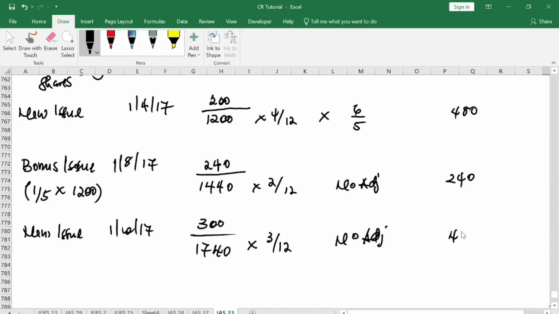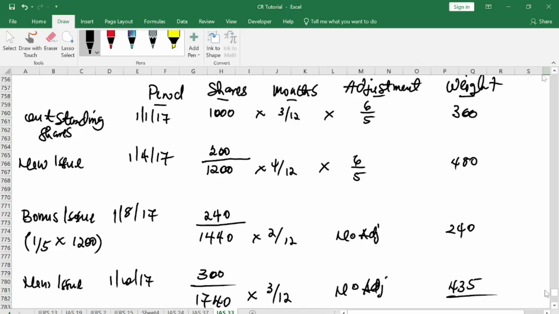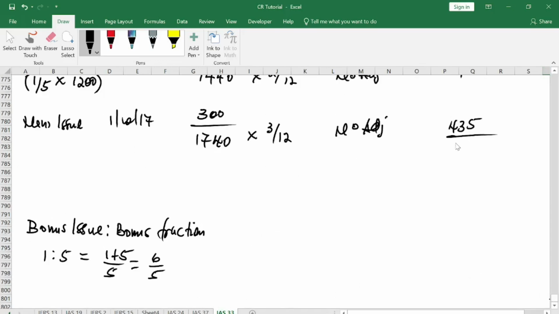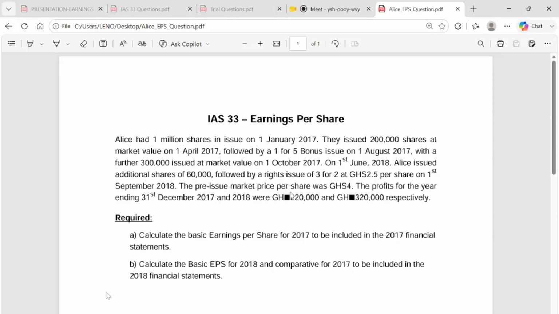So when you add it, 240 plus 480 plus 300, what do you have? We get 1,45. All right, so this becomes your weighted average. So in the question they said the profit for 2017 is how much?